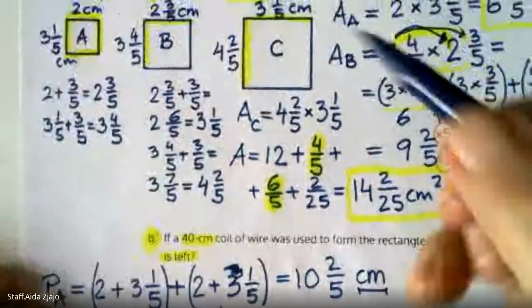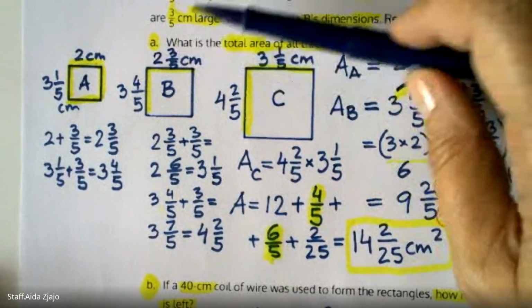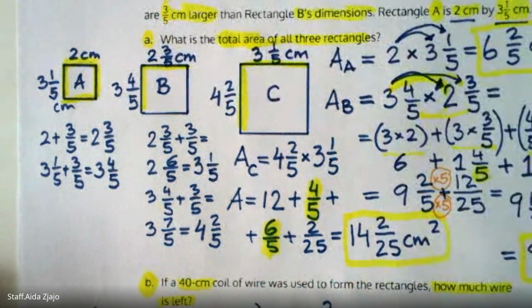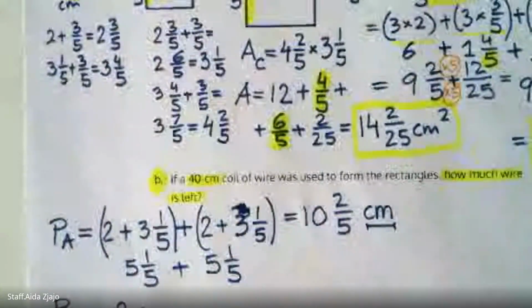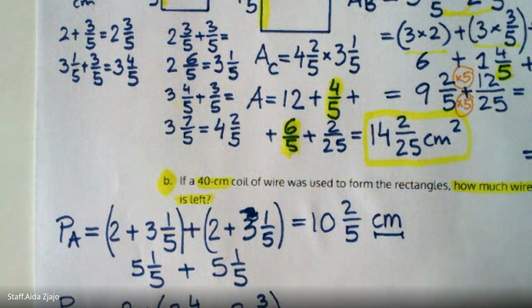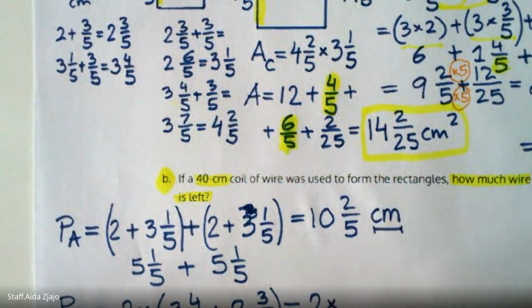Okay, so I'm looking at the measurements for perimeter B. I could do 3 4/5 plus 2 3/5, which is 5 7/5. So I need 2 times 3 4/5 plus 2 3/5, which equals 2 times 5 7/5.